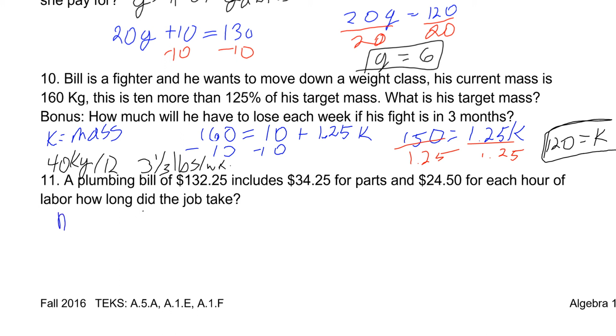And that's going to be 132.25 equals 34.25, because you only charge for parts once, plus 24.50 M. So now we're going to go ahead and subtract 34.25 from both sides.